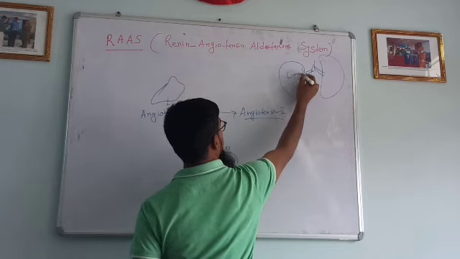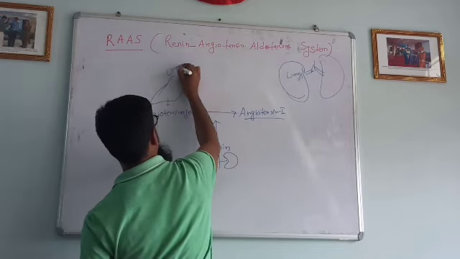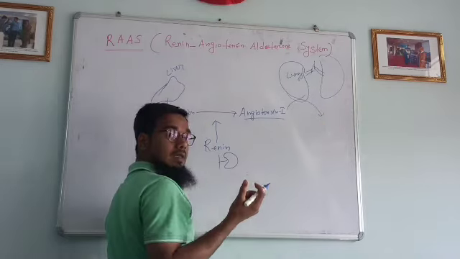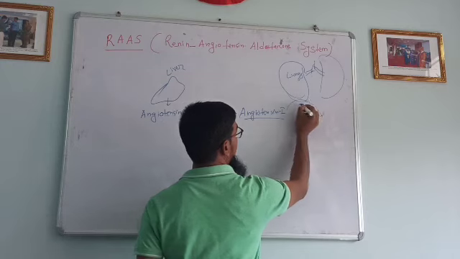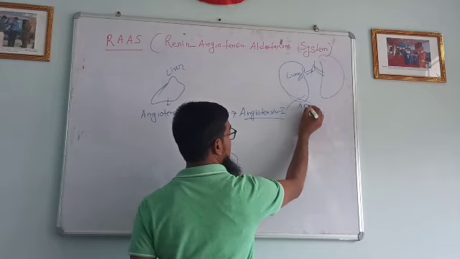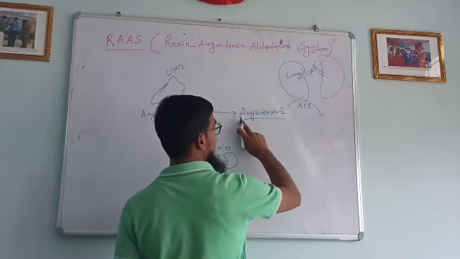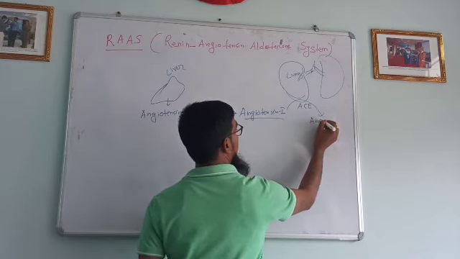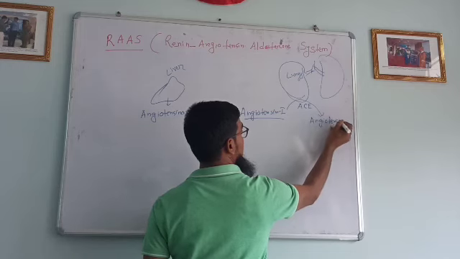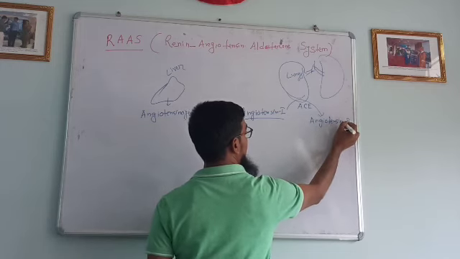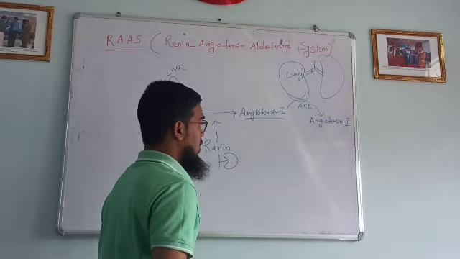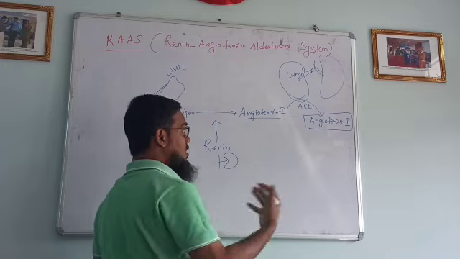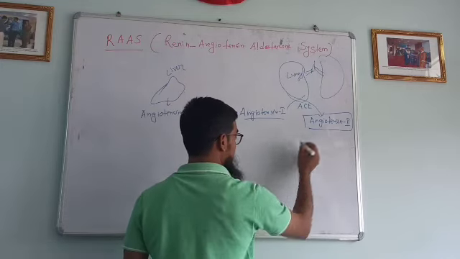In our lungs there is an enzyme which is called angiotensin converting enzyme, which converts this angiotensin 1 to angiotensin 2, and this is a very important vasoactive substance, this angiotensin 2, which regulates our blood pressure.